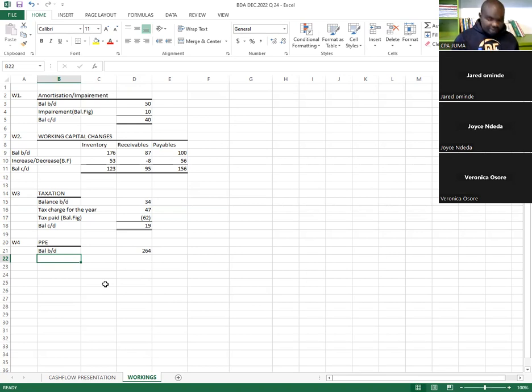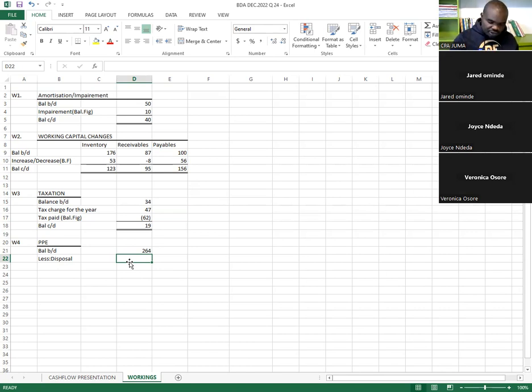So you less disposal. You dispose at the net book value. Assets are recorded at net book value, so we assume that the figures appearing in the balance sheet, the 264, are net book value.